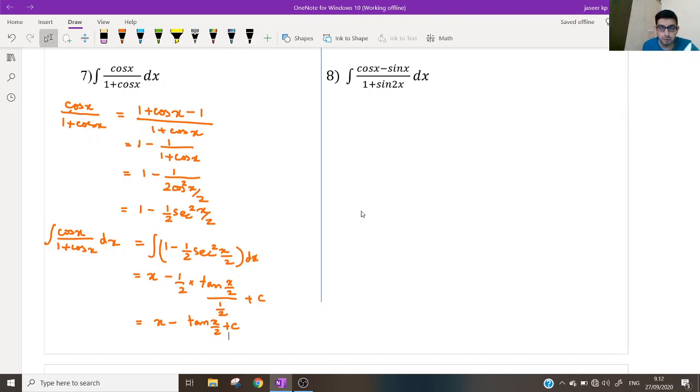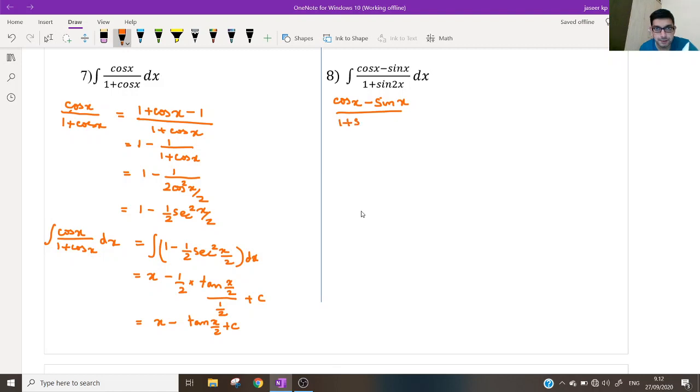Now to the next problem, that is the 8th question. Cos x minus sin x divided by 1 plus sin 2x. So again let us simplify the given expression using trigonometric identities.